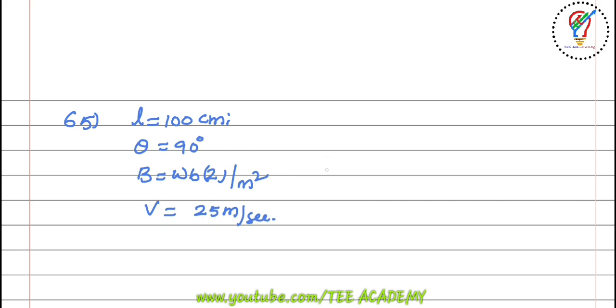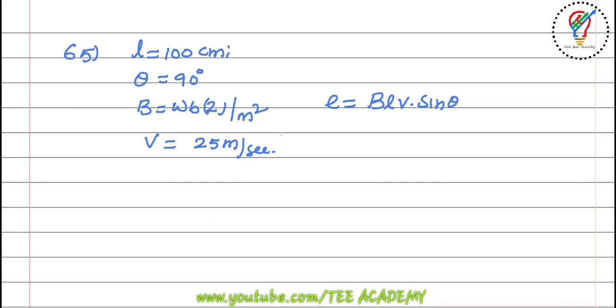The induced EMF. So induced EMF E is equal to B L V sine theta. B is 2, length is 100 centimeters, which converted to meters is 100 times 10 power minus 2, velocity is 25 meters per second, and sine 90 is 1.